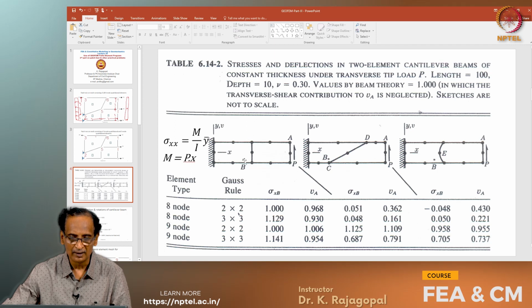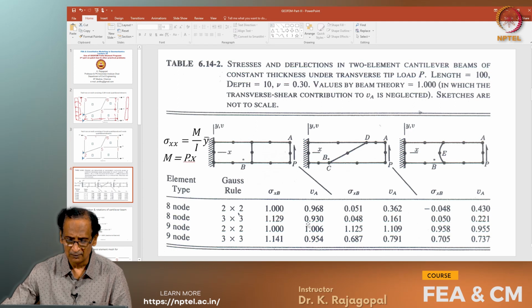This particular one is a perfect rectangular element. This is a distorted element, but with a straight side, and the third one is a distorted one with a curved side.